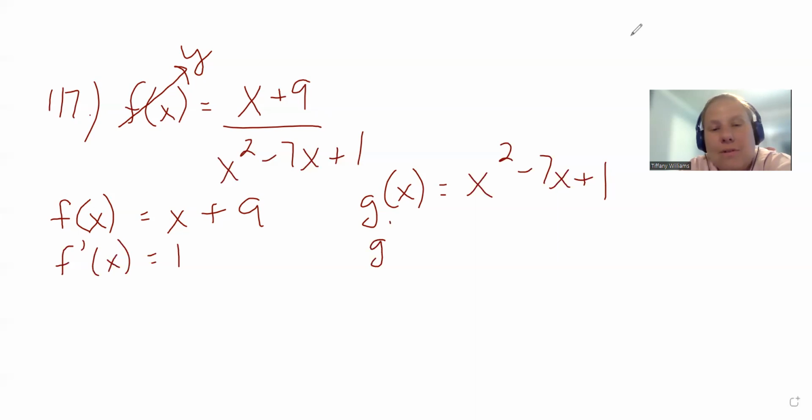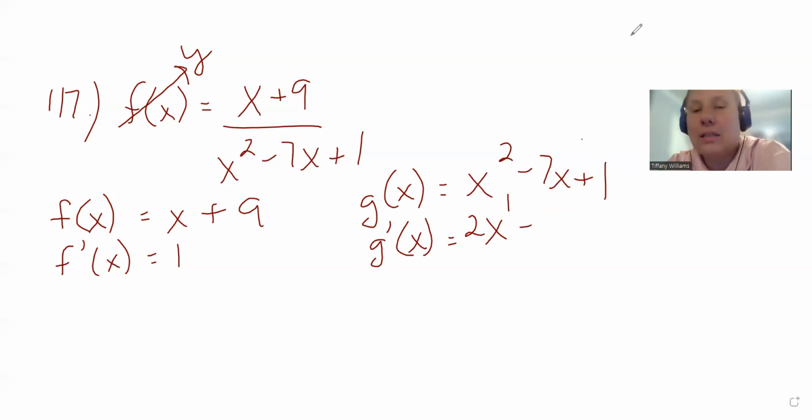So let's talk about the derivative, g prime of x. Again, sum and difference rule. So if I take the derivative of x squared, that 2 is going to go down in front of the x. And then the 2 is now going to become a 1. So here if I take the derivative of negative 7x, this x has an exponent of 1. 1 times negative 7 is negative 7.